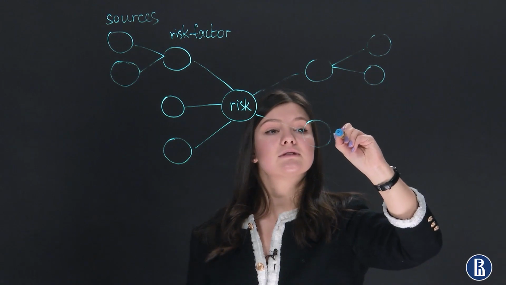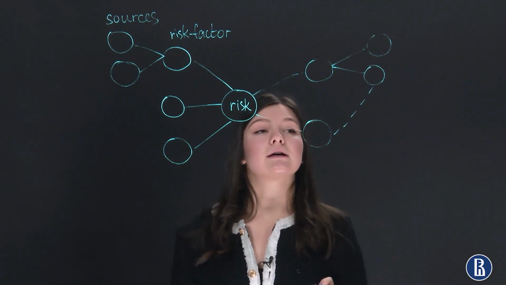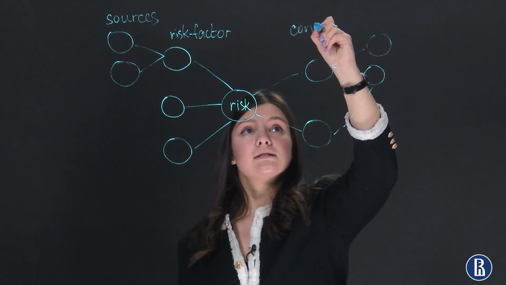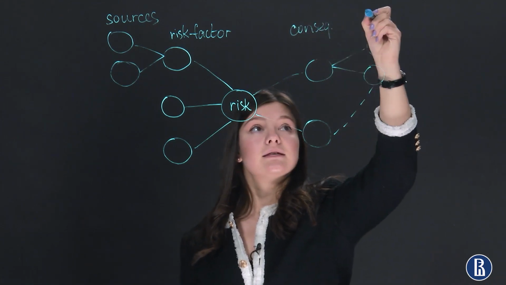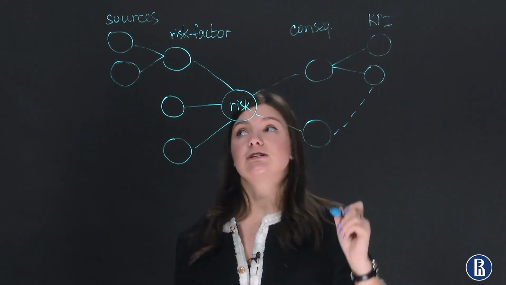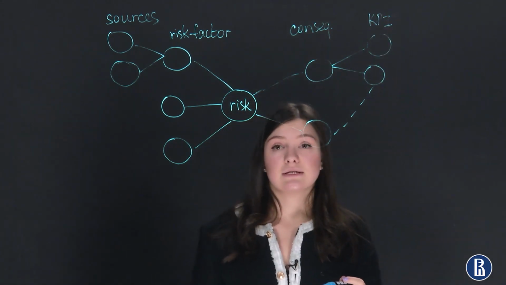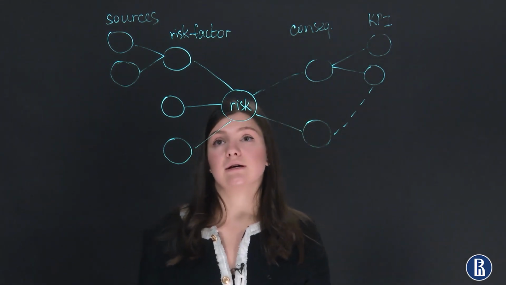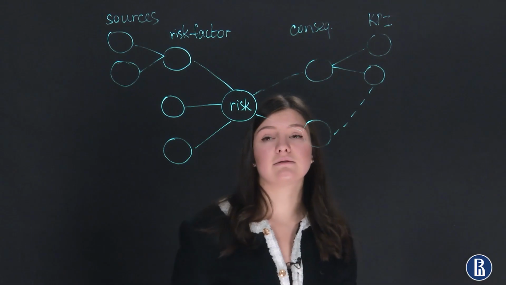So this is the KPI of the organization with which these consequences are connected. It is a very simple form of bow tie diagram with the left part and the right.